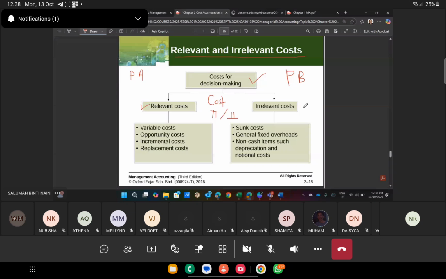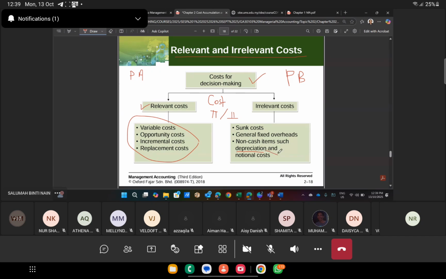But before we decide, we are going to identify whether that cost is relevant or irrelevant in our decision making. The relevant costs are the variable cost, opportunity cost, incremental cost, and replacement cost. These are all relevant in our decision making. But costs like sunk costs, fixed overhead, and non-cash items are irrelevant. For example, depreciation.